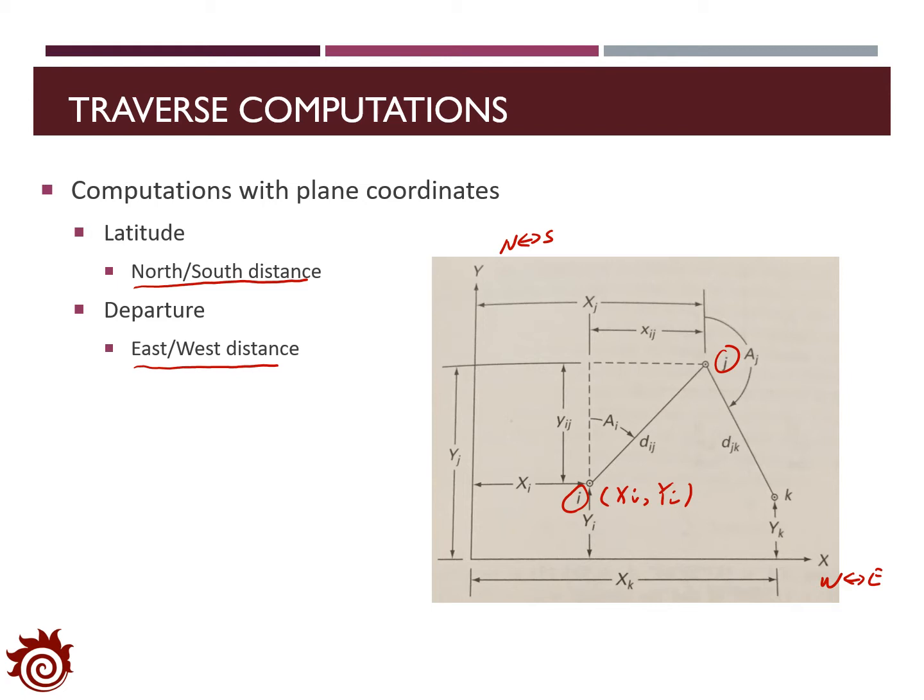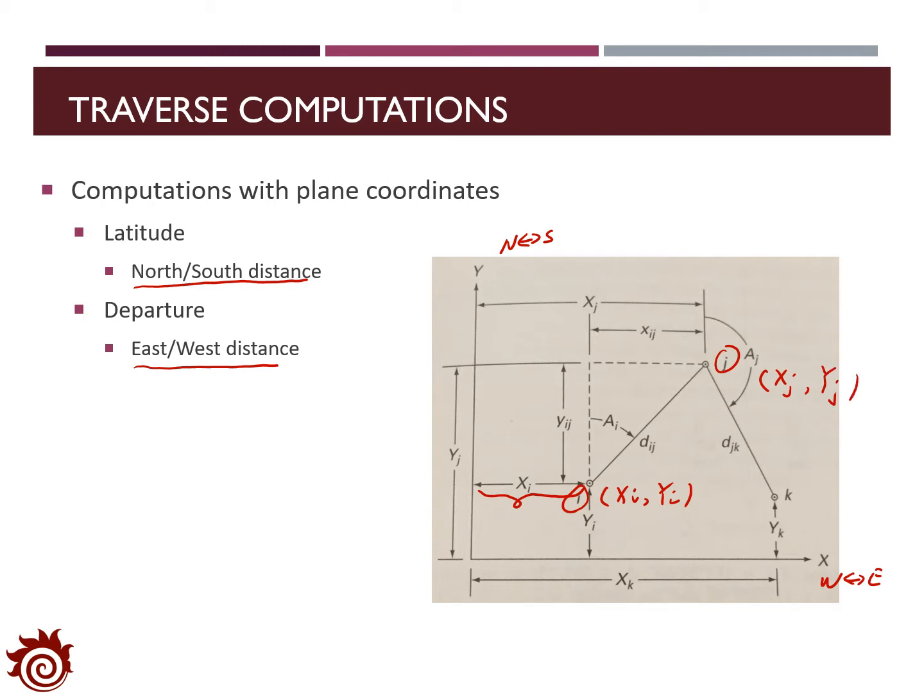Here xi is the horizontal distance from the point I to the y-axis, and yi is the vertical distance from the point I to x-axis. Similarly, we can find out the coordinates for the point J, which is xj, yj.